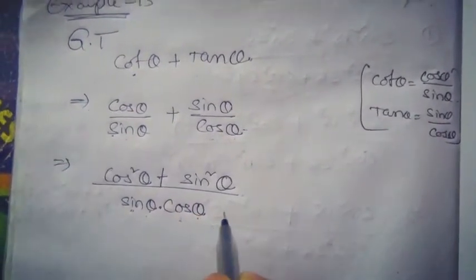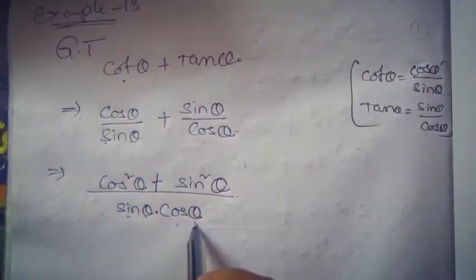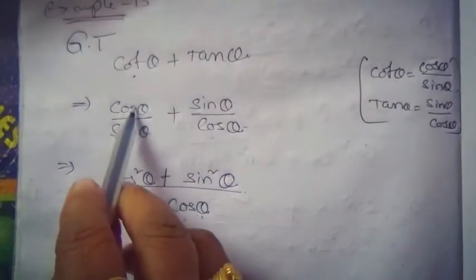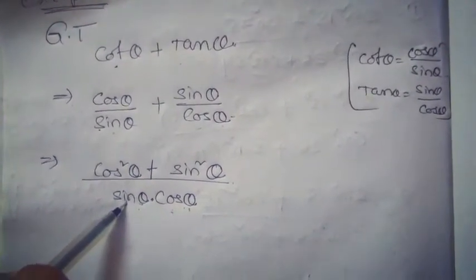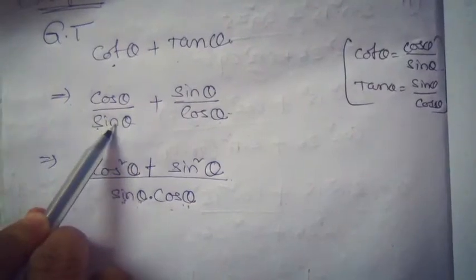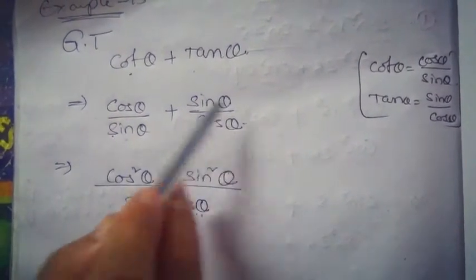It is the normal LCM, but what is not there, we multiply into the numerator. Sin theta is there in the denominator but cos theta is not there in the first one, so cos theta into cos theta, cos square theta, just like that I took here.